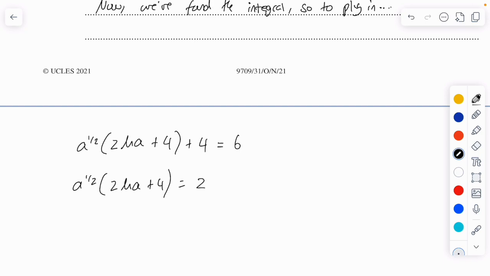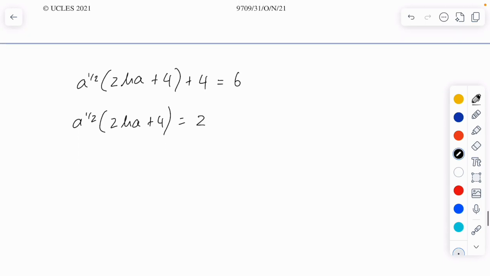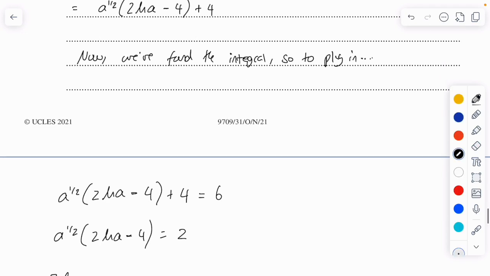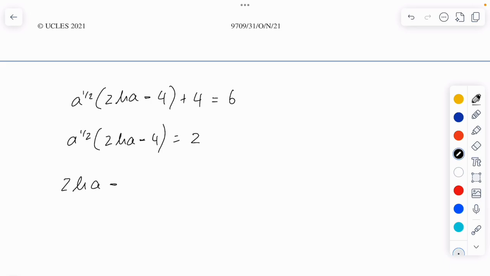Right, so we get 2 ln a, so that should be minus 4 over here. It's quite a tricky question. Right, so we get 2 ln a minus 4 is equal to 2 over root a.